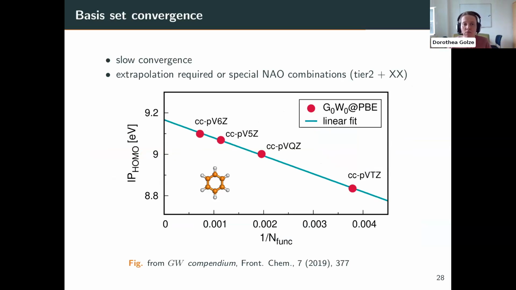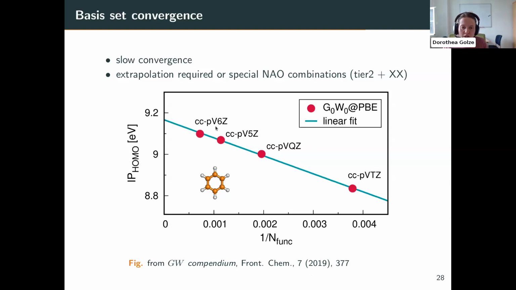Next one is basis set convergence. It's usually slow, as for all correlated methods, be it MP2, RPA, coupled cluster, etc. I show this here again for the benzene molecule, for the HOMO level. I plotted the HOMO ionization potential dependent on the number of basis functions, or the inverse of the number of basis functions. So we have here Gaussian basis sets from triple zeta quality, so quite small, to 6-tuple zeta quality.